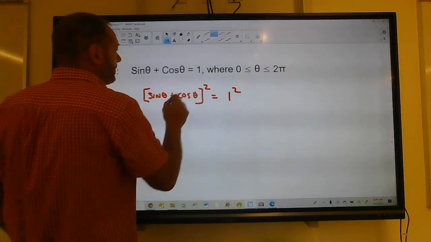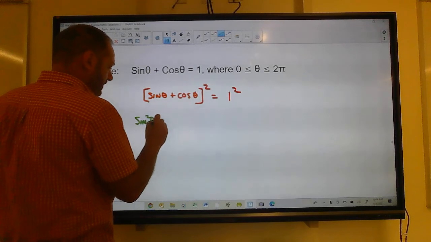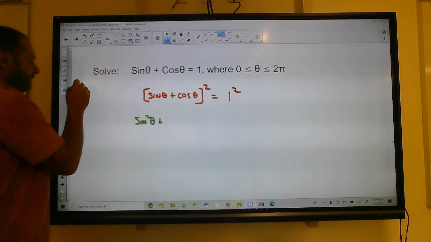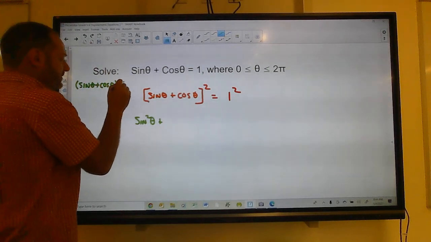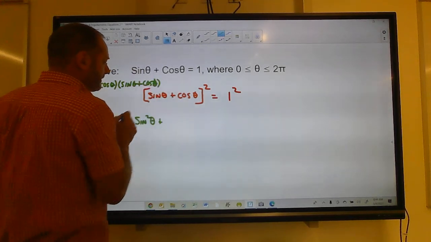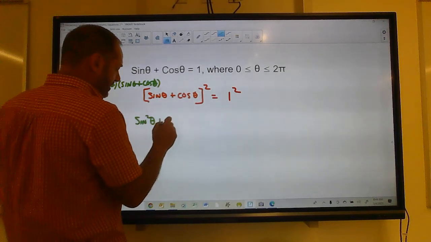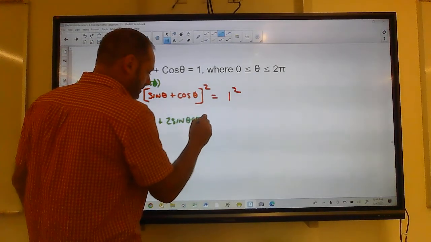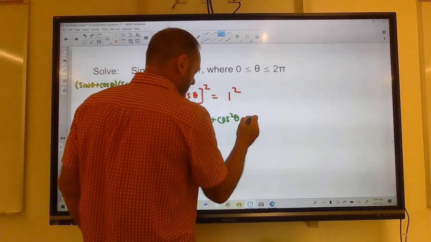So now this becomes sine squared theta plus, if it's easier for you, go ahead and do this: sine theta plus cosine theta times sine theta plus cosine theta, and then FOIL it. When you FOIL it, this comes out to be sine squared theta plus 2 sine cosine plus cosine squared theta equals 1.